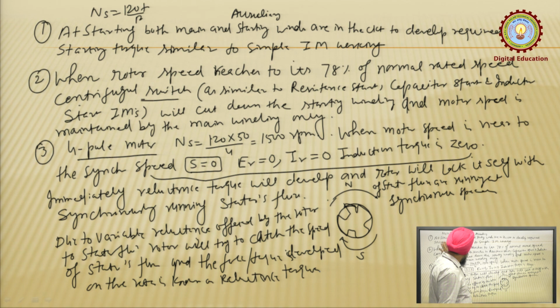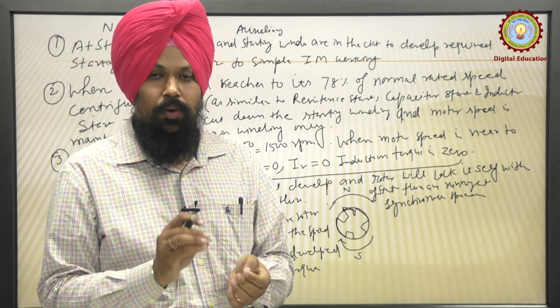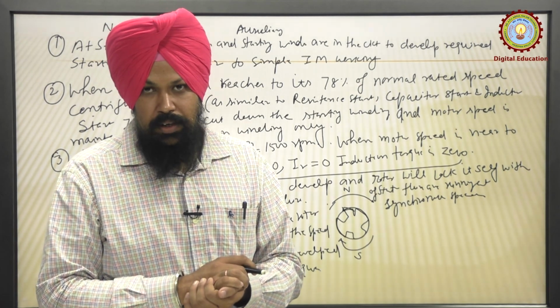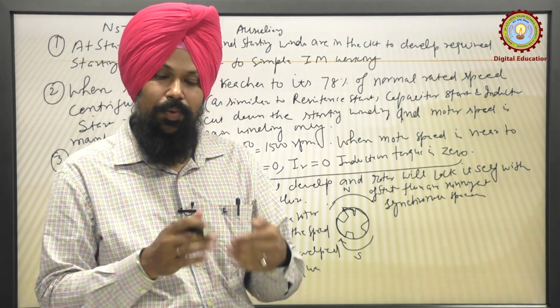As I discussed from the starting, it runs with the starting and main winding, both are in the circuit, and it will develop the required torque to rotate the rotor similar to the other induction motors. As the motor picks up the speed and catches the speed of near to 78% of its normal speed, now the centrifugal switch will cut down the supply of the starting winding, and with the help of running winding it will maintain the speed.